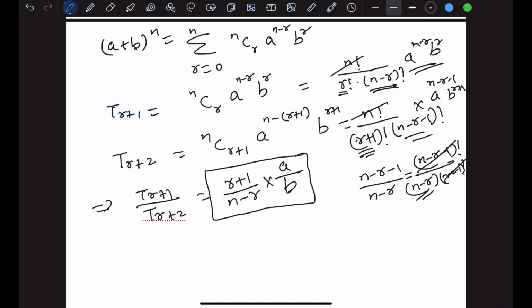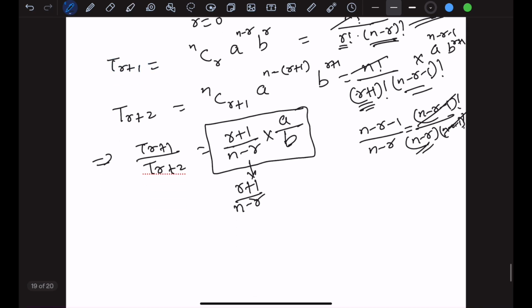Now we look at this (r plus 1) by (n minus r). If this number is greater than 1, that means T(r plus 1) is bigger than T(r plus 2).